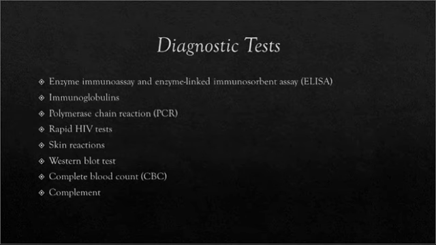Skin reactions, the allergist will do that, looking for reaction to some protein or something to check for allergies. Your complete blood count is looking at your white blood cells, your red blood cells, and then they can do a differential where they break down your white blood cells, which is very important for checking for infection, which we will cover in Module 9 a little deeper.